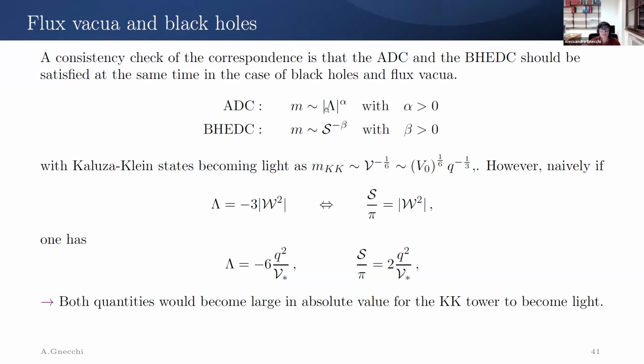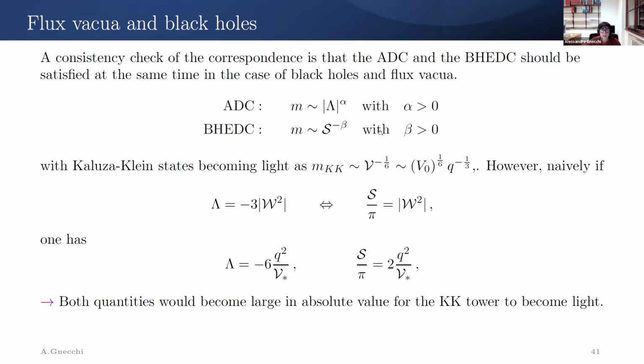So moving in parameter space from a non-zero cosmological constant to a zero cosmological constant implies that we have an infinite tower of states becoming light. So our cutoff goes to 0 and we are out of the effective field theory, a consistent effective field theory of gravity.